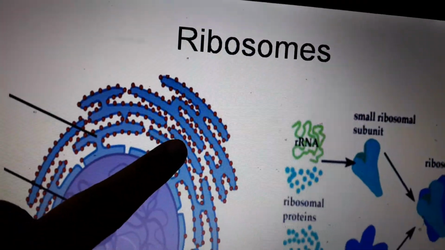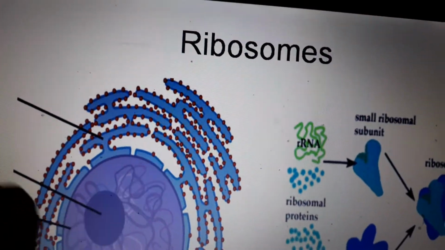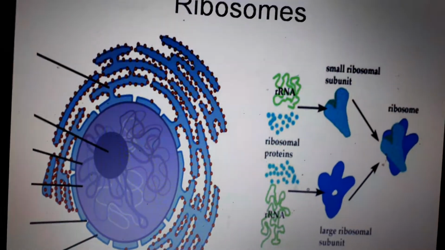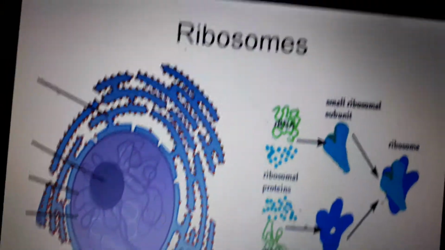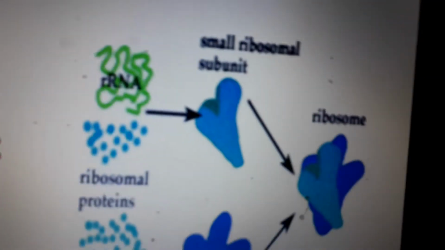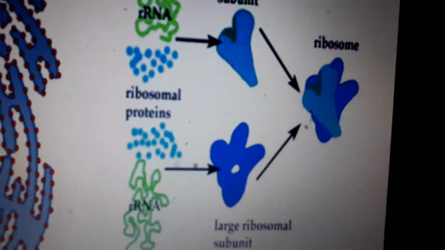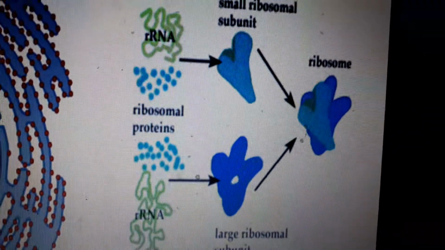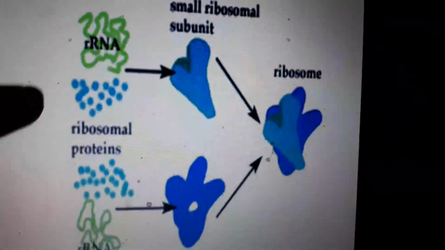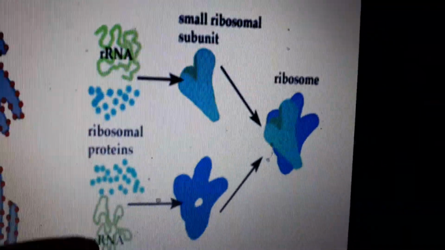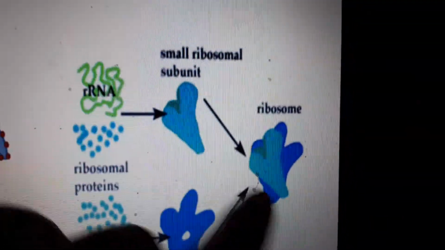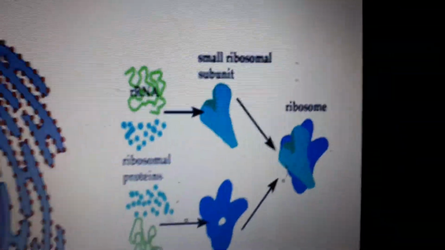Ribosomes help in manufacturing proteins, so that is where protein synthesis happens. These granules are made up of RNA. How are these ribosomes made? They are made of RNA. When two RNA combine together, they form a ribosome.